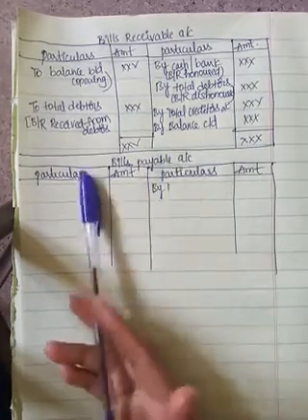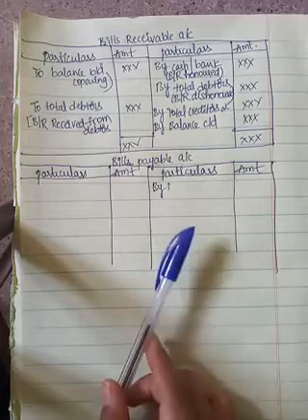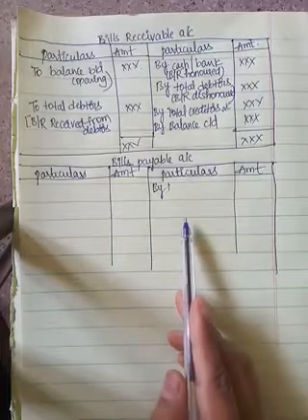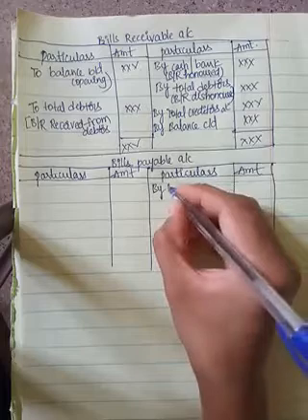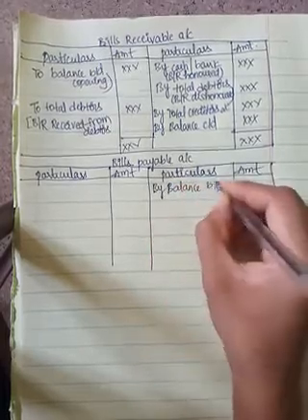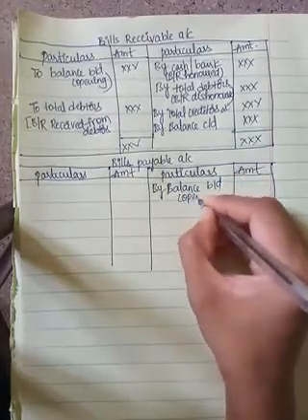Asset starts with an A, so its opening balance is on the debit side. Bills payable is a liability, so liabilities have opening balances on the credit side. So, by balance brought down, opening.